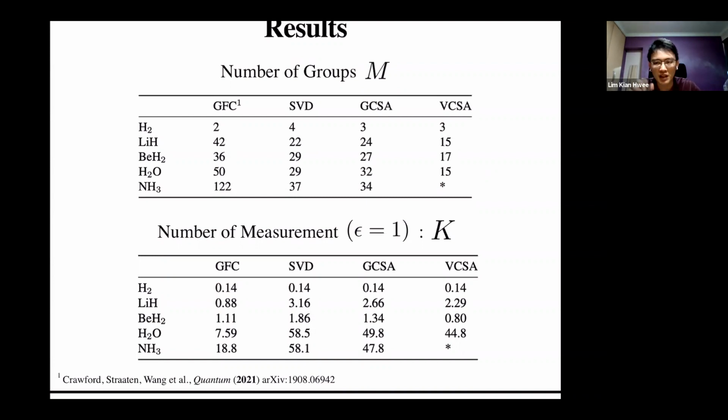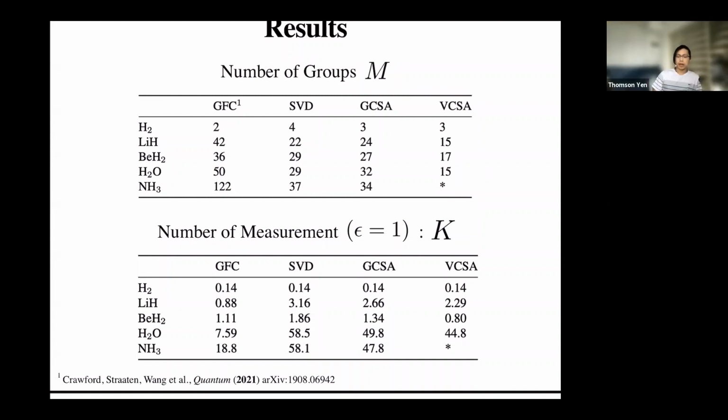If the number of shots is too little, the variance will be too high. So based on the variance measurement, it seems like the GFC method is the best. I don't know, I'm just thinking out loud here.